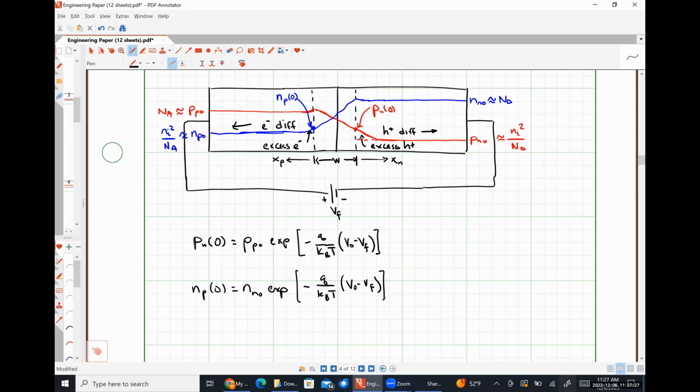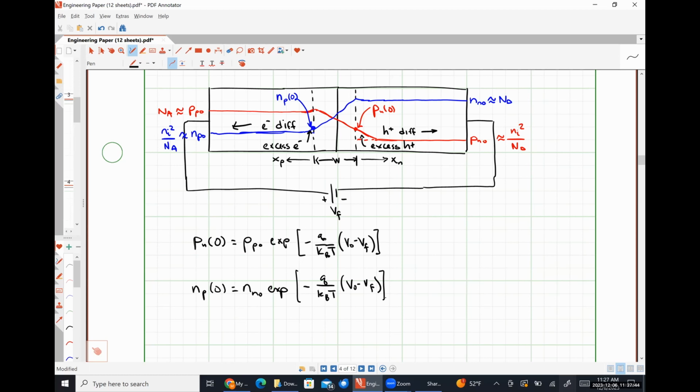What we're going to do now is split this up and put it in terms of only our applied voltage, because the built-in voltage is a constant, so it's not really telling us anything remotely new.